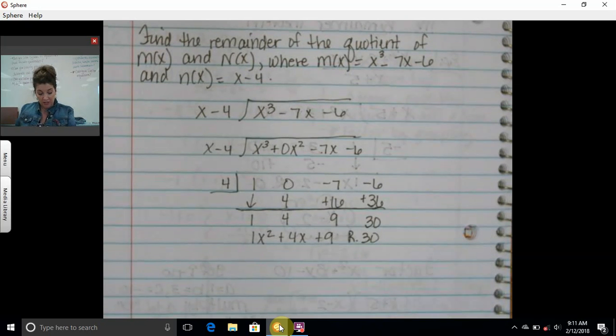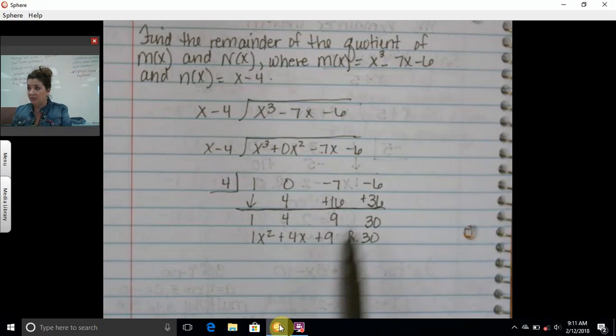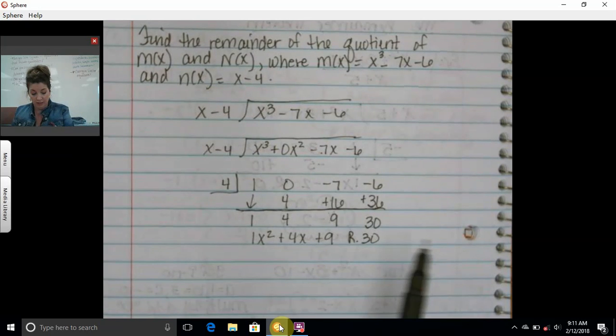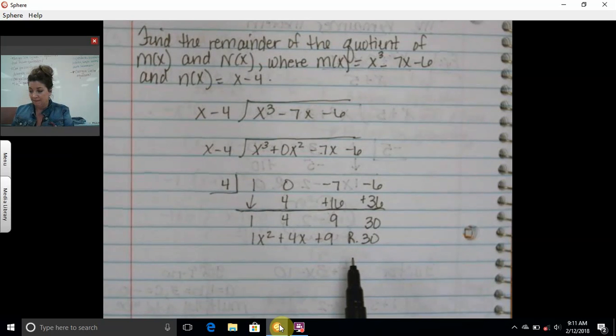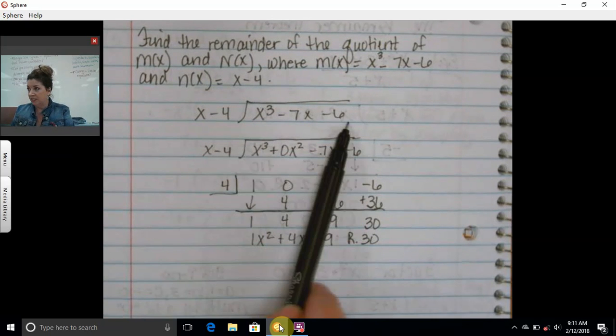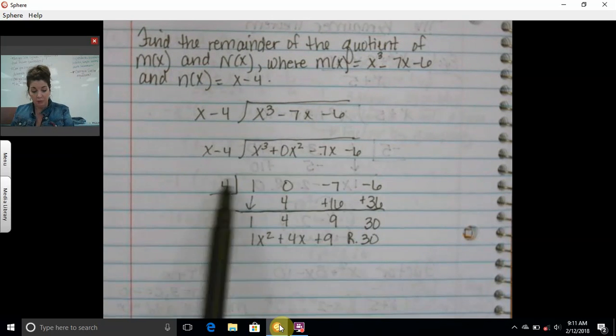Now, what I'm going to show you is we can figure out what the remainder is going to be without having to do the division. Okay? So we can figure out a lot faster if these are going to be factors or not, because all you need to know is the remainder. That's all you need. So what you do is you evaluate the dividend by whatever number you put behind the house.